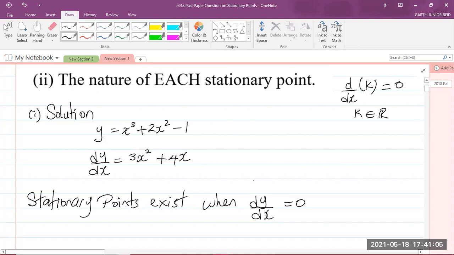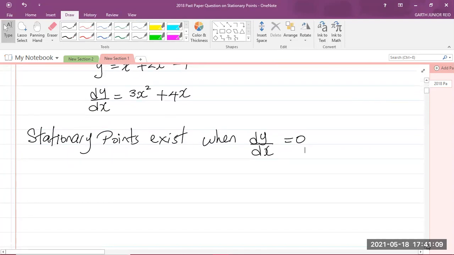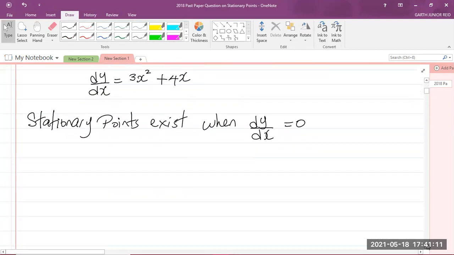So I'm now going to equate the derivative to 0 and find the x values. dy by dx is 3x squared plus 4x, and we are setting that equal to 0.